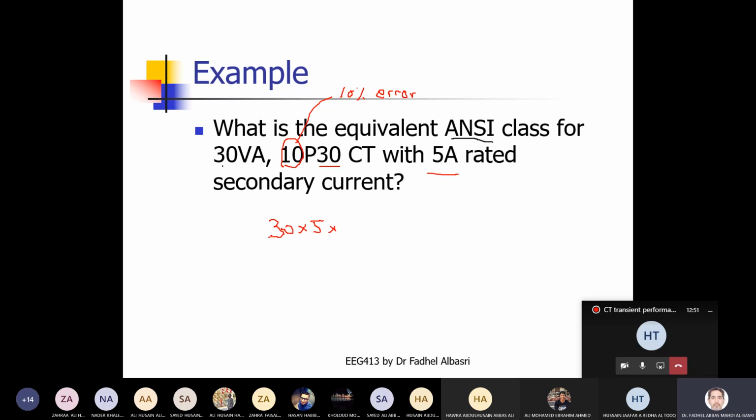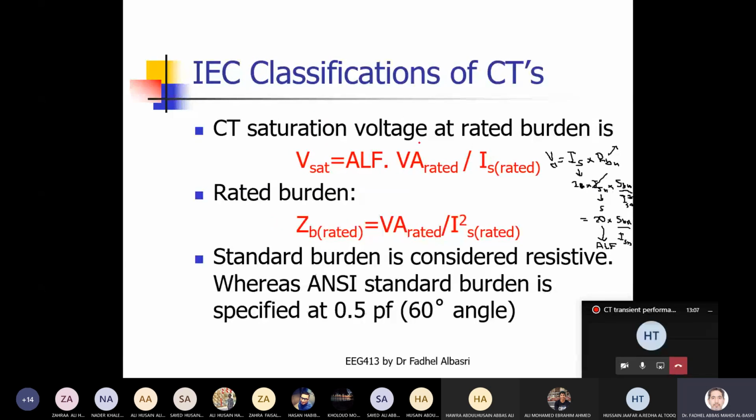So 30 times 5 is now the maximum current. 30, this is the accuracy limit factor, times the rated secondary current, which is 5. That gives me the maximum current, times the burden.